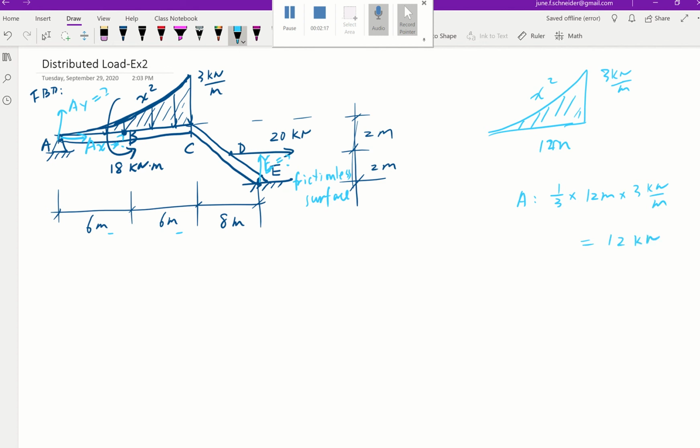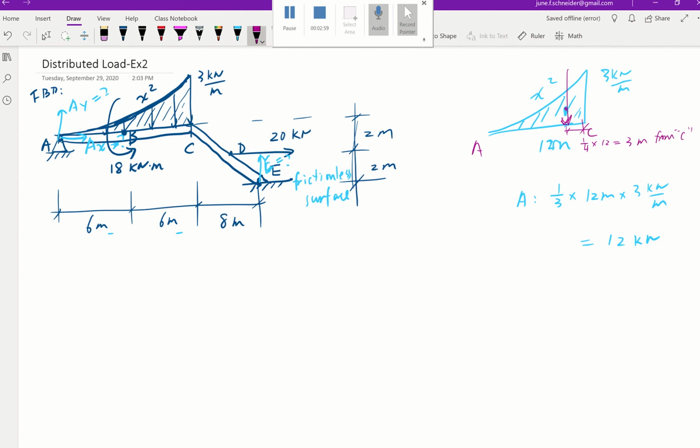And in terms of the centroid, for this power of 2, we learned it's going to be at 1/4. So if you're not familiar with this, go back and look at one of the videos about centroids for common shapes and the code pattern. So in that situation, if this is C and this is A, this concentrated load will be 1/4 of 12. That will give us 3 meters from point C.